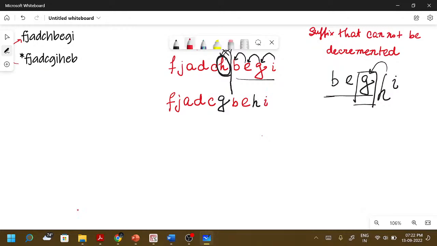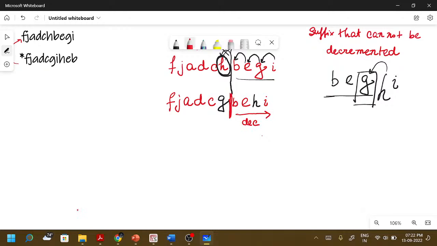And now what we'll do is we'll have to reorder this particular portion in the opposite order. So this portion that we have here, we'll replace it in the decreasing order. So now this side it will decrease.